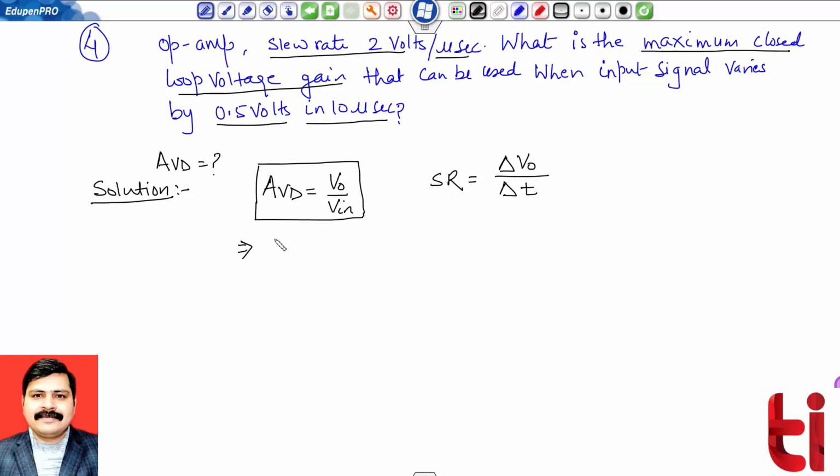We can find that the variation in output voltage V naught will be equal to voltage gain multiplied by input voltage.